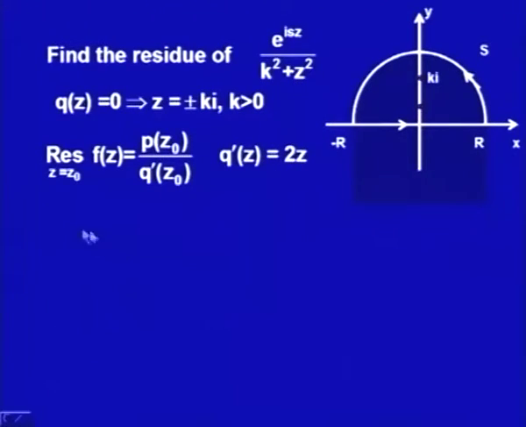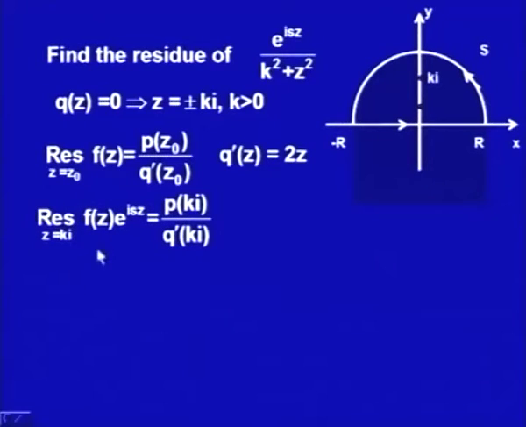So, we would get the residue at k I of f z e to the power I s z as p at k I upon q dash at k I, that is e to the power I s z, with I k, upon 2 z, where z is I k, that is at z equal to k I.